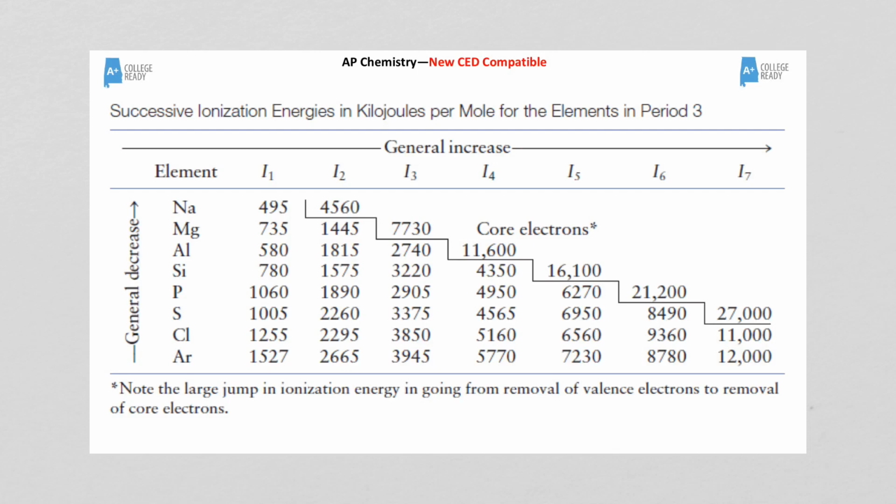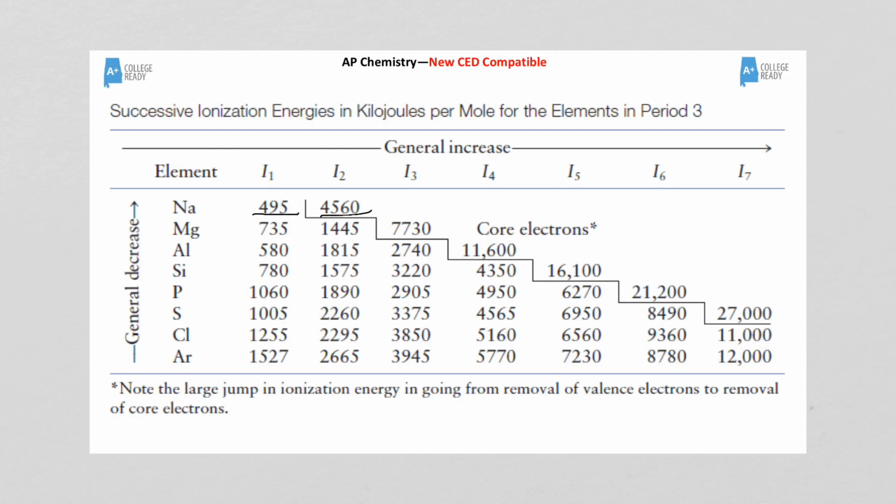So IE1 for sodium is 495. That's the energy, notice it's generally in kilojoules per mole, to remove the first electron from sodium. If I need to remove a second electron from sodium, wow, it jumped up to 4,560 kilojoules per mole.